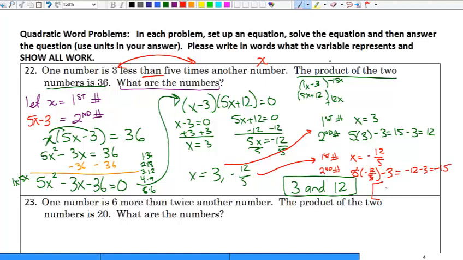So apparently, negative 12/5 and negative 15 are another pair of numbers in which if you multiplied by 5 and subtracted 3, you would get the other term. So one number is 3 less than 5 times the other. And if you multiplied these two together, you would get positive 36. So there's two sets of correct solutions.